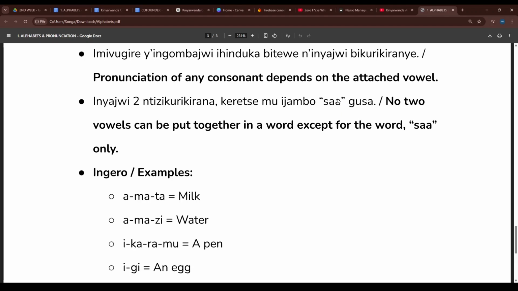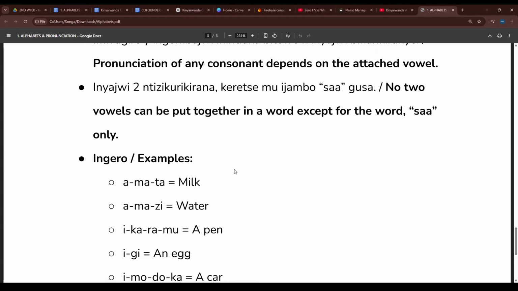We talk about this when we get to the times. But you cannot have 2 vowels following each other except for this word. And the last thing is the syllable is only full when it has a consonant and a vowel, or a combined consonant and then the vowel. But at the beginning we can have only a vowel. That is possible. We look at that.